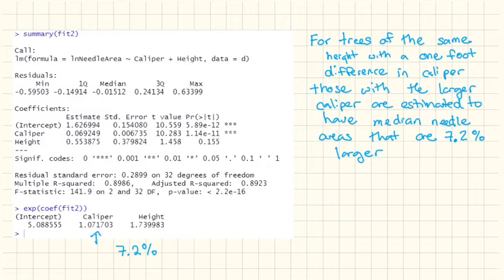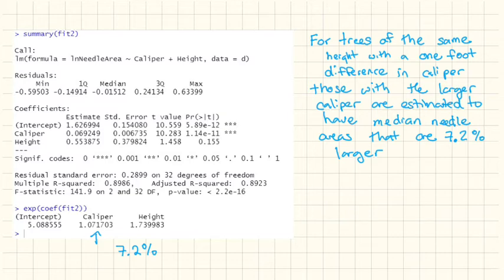is 1.0717. Now, that's a multiplicative increase. I'm going to write it in terms of a percent because I think it sounds better to call it a 7.2% increase rather than 1.07 times and so on. Over here, I'm saying I'm going to fix the height.